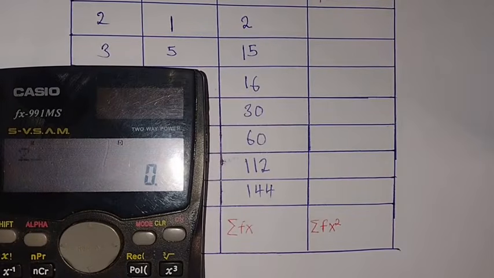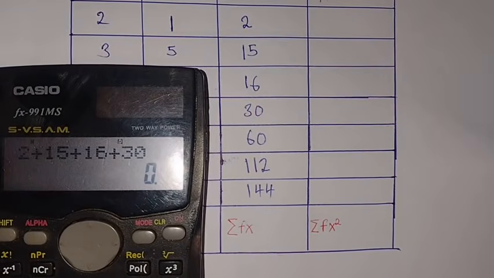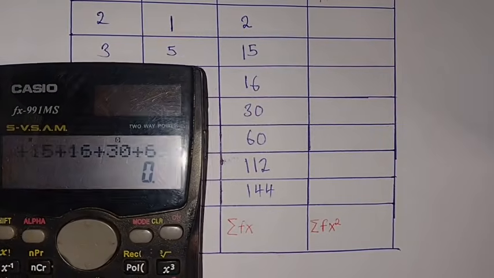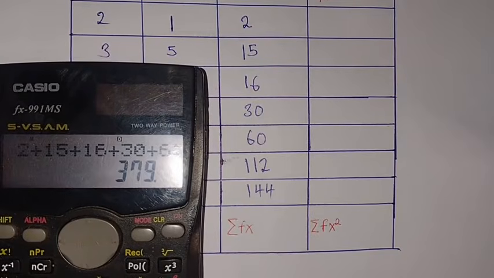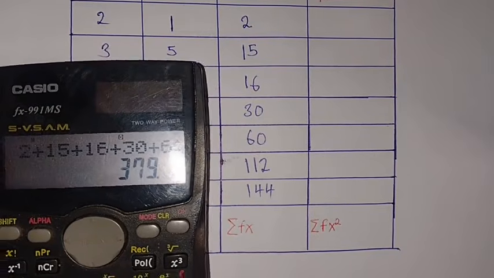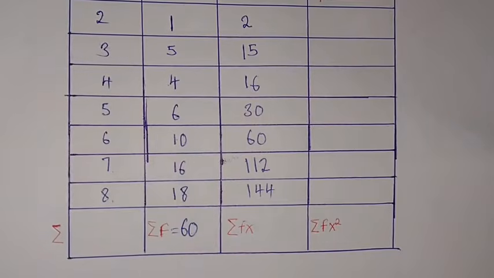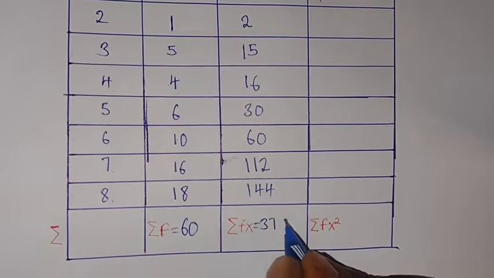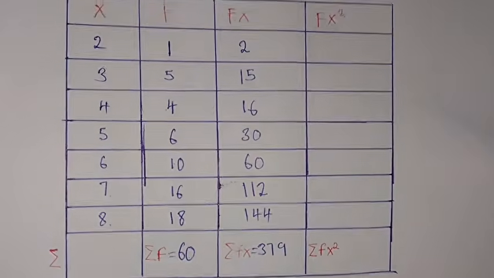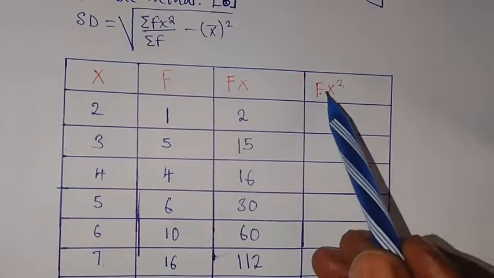You start adding 2 plus 15 plus 16 plus 30 plus 60 plus 112 plus 144. So it will give us 379. So you can write here the summation. You have 379.